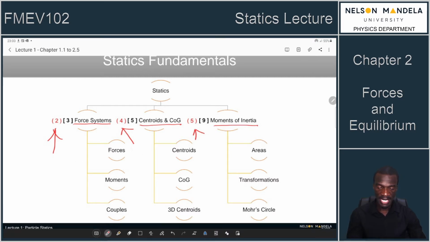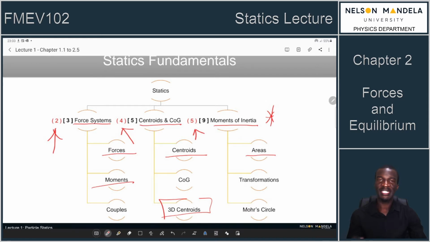In chapter 3, obviously we've got the subtopics there. It's basically forces and moments, turning effects. And then in chapter 5, we've got centroids and centers of gravity. So the most important is obviously the center of gravity, or the centroid of three-dimensional objects. Then you've got moments of inertia. This is very, very important. Radius of gyration.